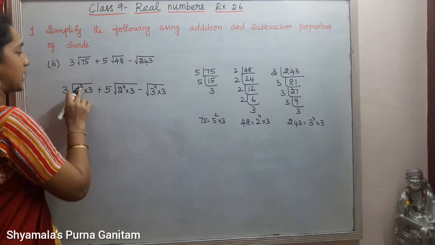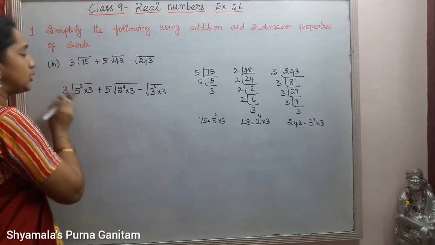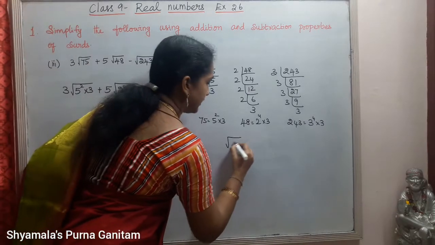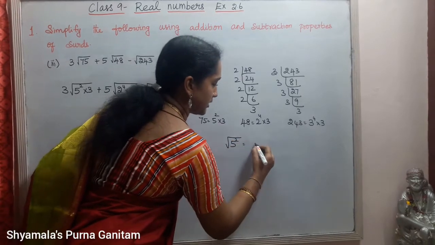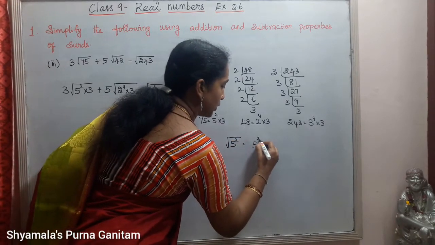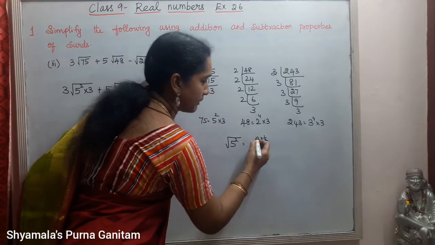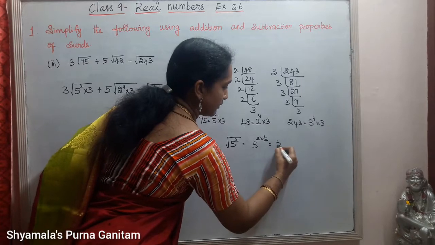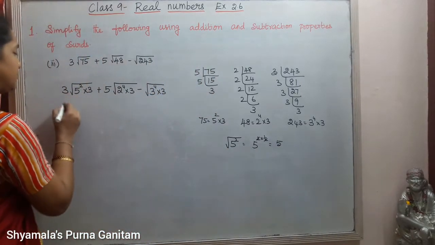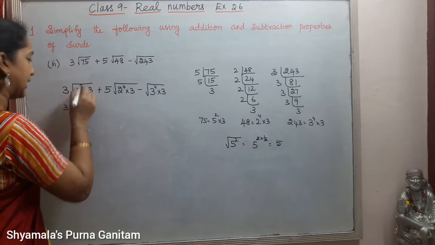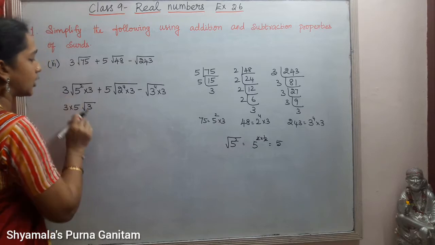In this, 5 power 2 and the root will get cancelled, so we can bring the 5 out. Root of 5 squared is 5 power 2 into 1 by 2, so the root cancels and the value is 5. So we take it out, and we get 3 into 5 root 3. This is how it has to be done.